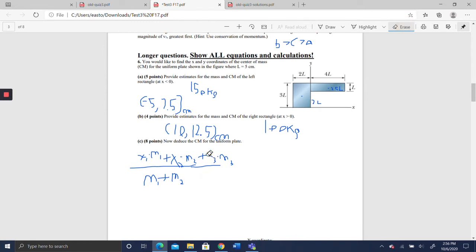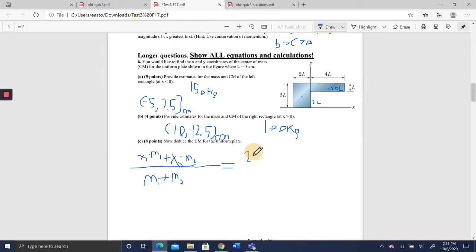I'll just keep going now with this. So we plug in our values. We have negative 5 times 150 and 10 times 100. So that should get us equal. Multiply this out. That's negative 750, 1,000.